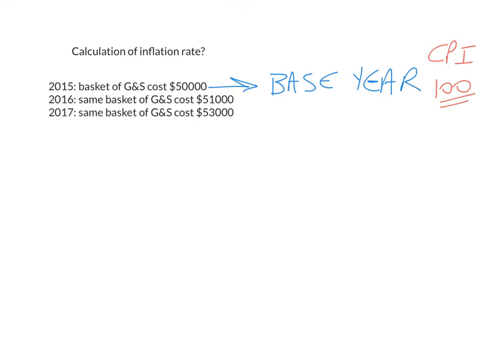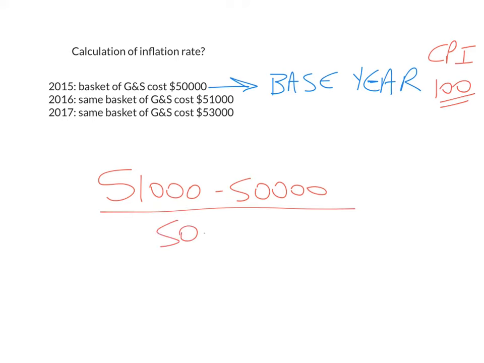Now, if 2015 is the base year and I want to measure the inflation rate between 2015 and 2016, I would take the cost of the basket in 2016, which is 51,000, minus the cost of the basket in the base year, 50,000, divided by the cost of the basket in the base year, times 100.